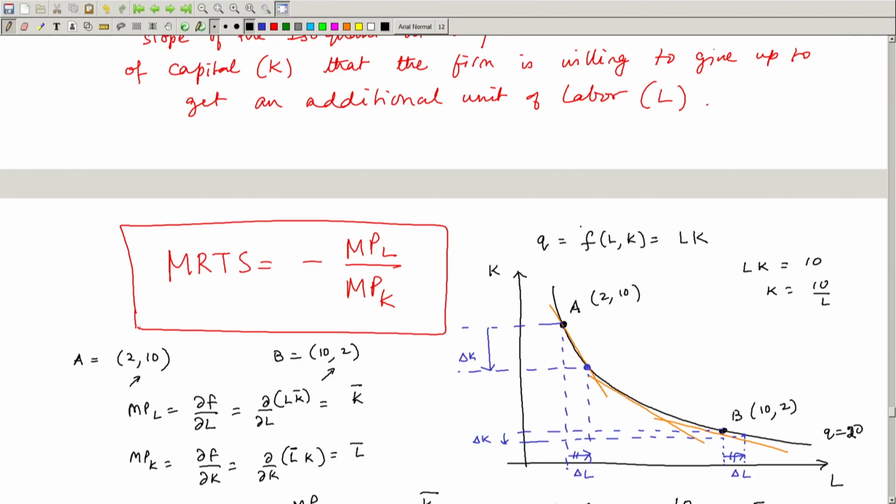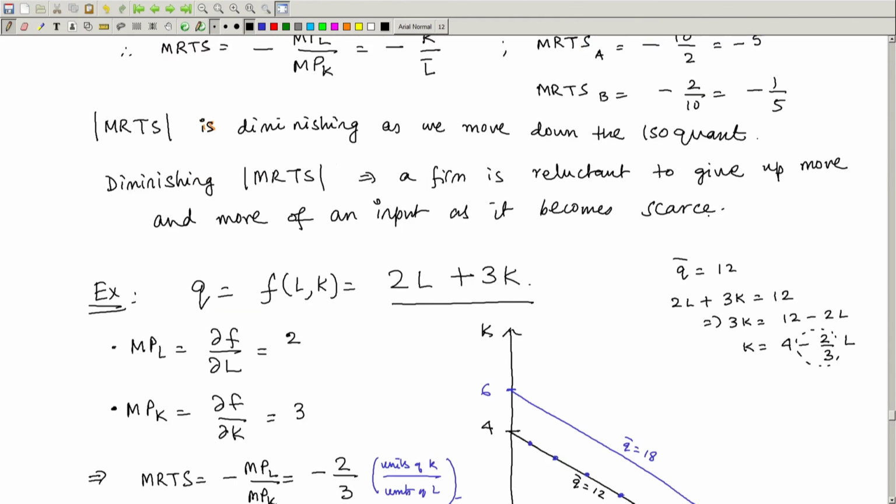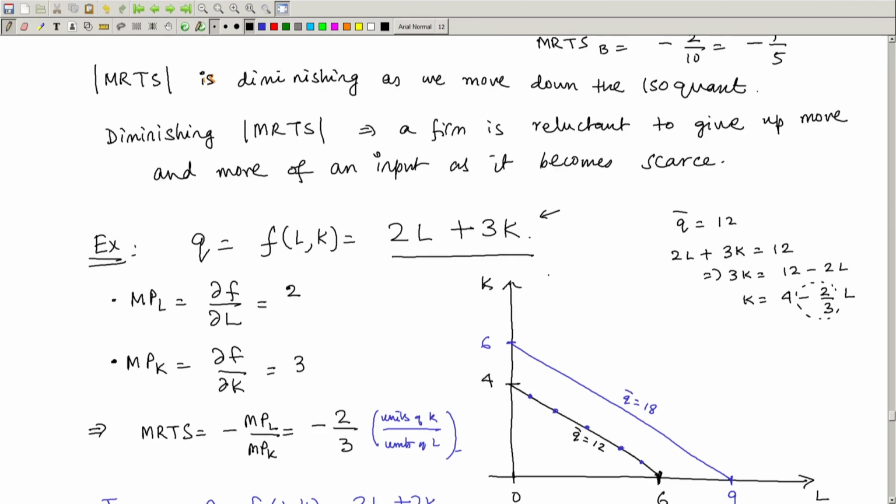We used the definition of MRTS, which is minus MPL by MPK, to look at a few examples. We looked at a production function of the form Q is equal to f of L, K is equal to L times K. Then we also looked at a production function of the form 2L plus 3K, which is linear in labor and capital.